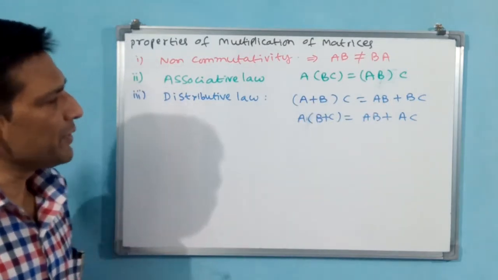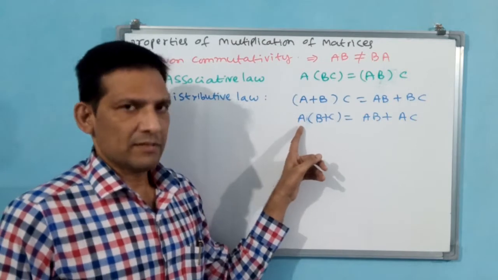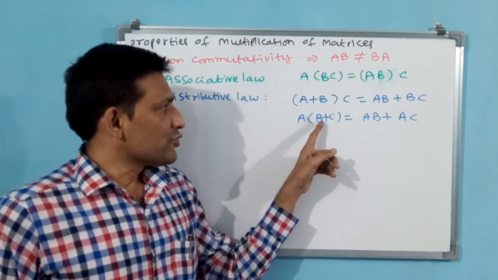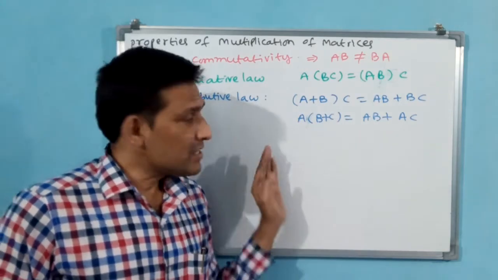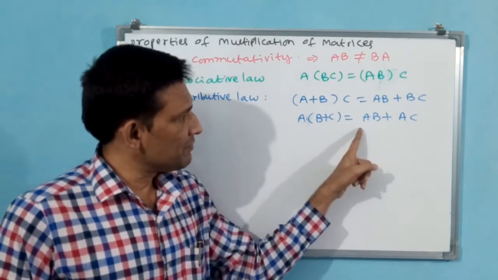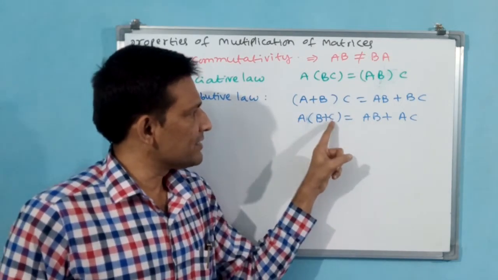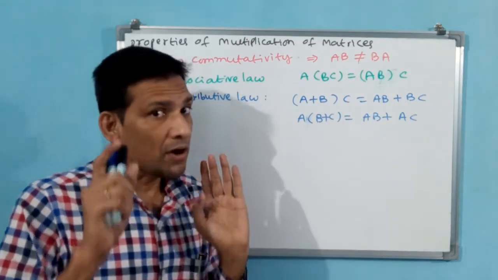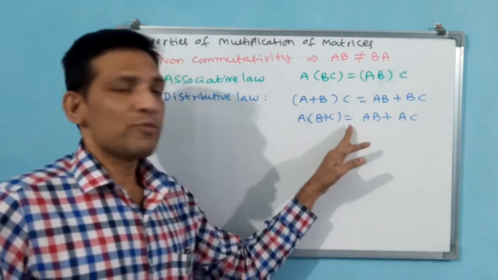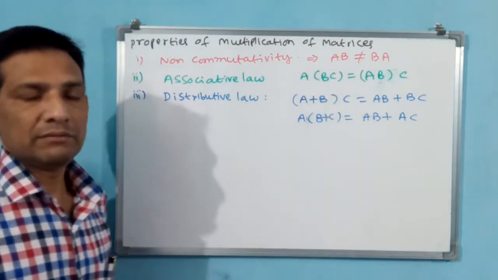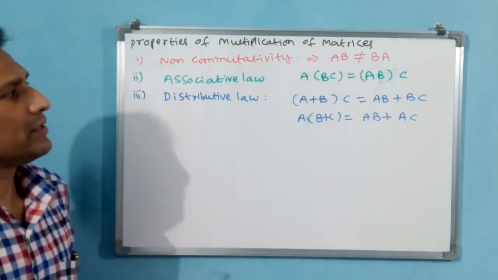You see here simply, first let us see this one. A is distributing on B and C: AB plus AC. But order is important: left side A, right side B; left side A, right side C. If you miss the order, then this is not going to become equal. You have to keep that in your mind.